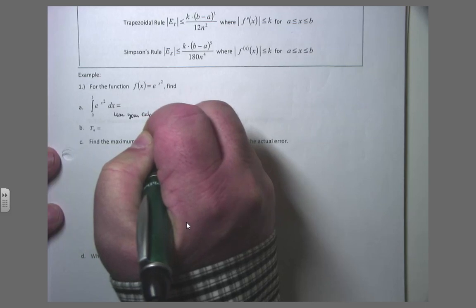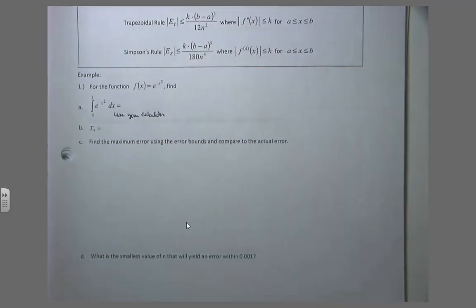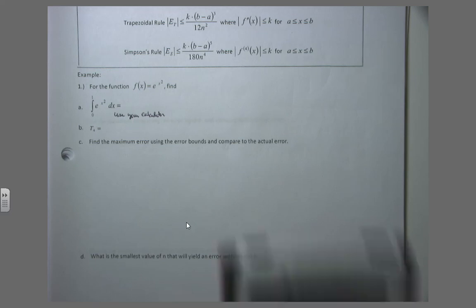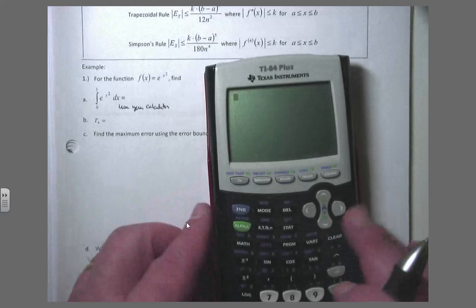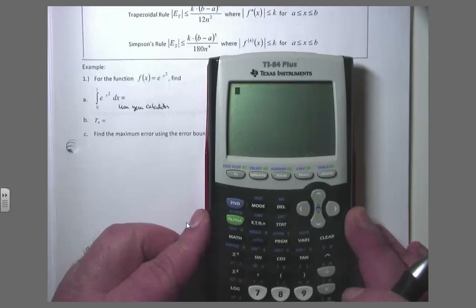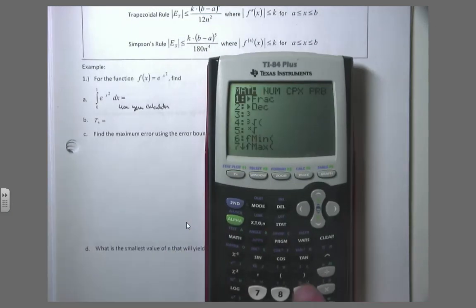The reality is you can't integrate e to the x squared, so finding the actual integral is impossible. But there's a program being used on your calculator. Let's go ahead and see what the calculator gives us for that, and we'll just assume that as being the right answer. So, here we go. I'm going to go math number 9. I'm using my famous TI-84, and I have the upgraded operating system on this thing.